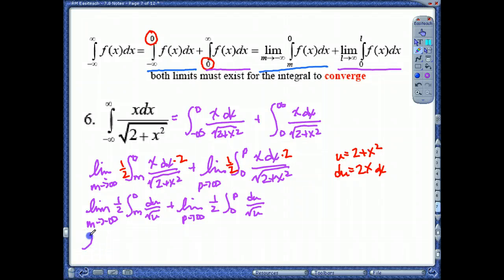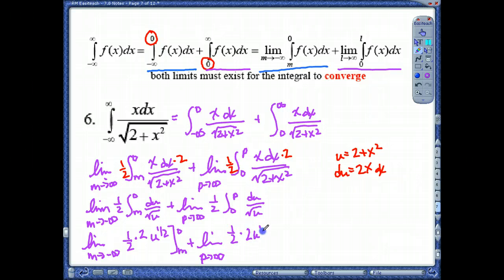So when I integrate this, I've got the limit as m approaches negative infinity of 1/2. If I integrate u to the negative 1/2 power, that's going to be u to the positive 1/2 power, so I'm going to have to multiply by 2, u to the 1/2 power. We're going from m to 0. Same thing here, because it's the same integral. We're going from p to 0.